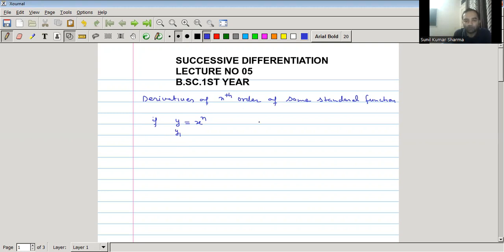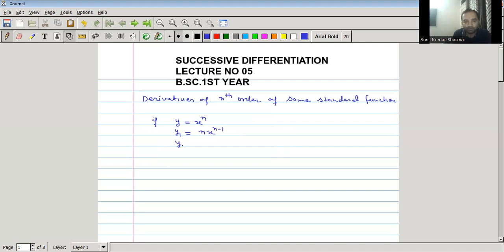We also use y dash, and the symbol dy upon dx. So instead of writing dy upon dx and y dash, I write y1. y1 is the first derivative of y with respect to x. So we get n into x to the power n minus 1. So the derivative of x to the power n is n into x to the power n minus 1.